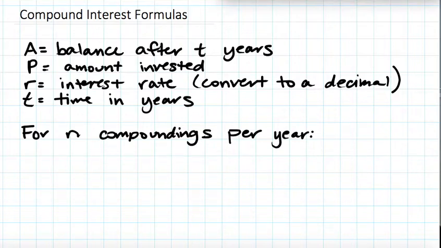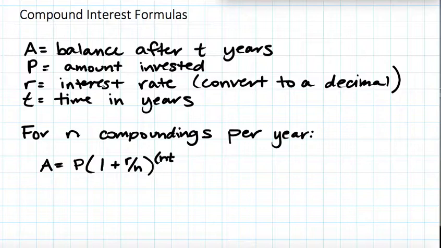So last time we used this formula, we did annual compounding, but you can also use different compounding periods, which we're going to see here. So this formula is A equals P times (1 plus R over N) raised to the N times T power.